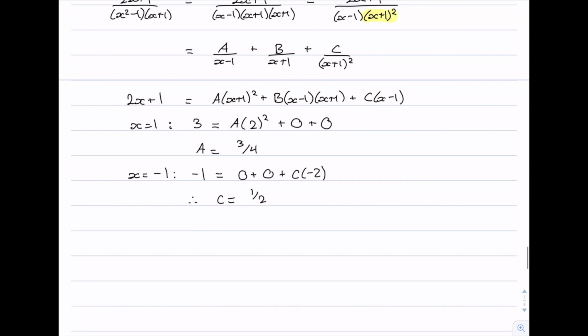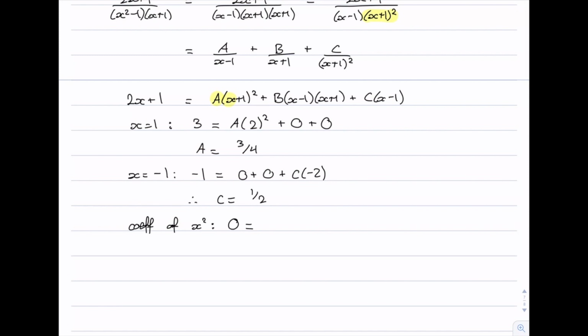Now to work out the B constant, we can have a look at the coefficient of x squared. On the left-hand side, there is no x squared, so the coefficient is 0. On the right-hand side, where do we get an x squared from? Well, we get an x squared from A times the x squared that comes when we expand that bracket.